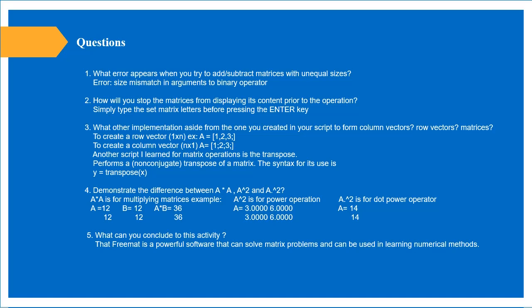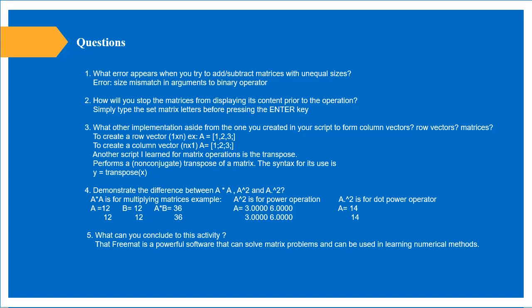To create a column vector, it is an n by 1 matrix. You just put a semicolon on each of the numbers on your matrix. Another script I learned for matrix operations is transpose, which performs a non-conjugate transpose of a matrix. The syntax for its use is y is equal to transpose, then your matrix.